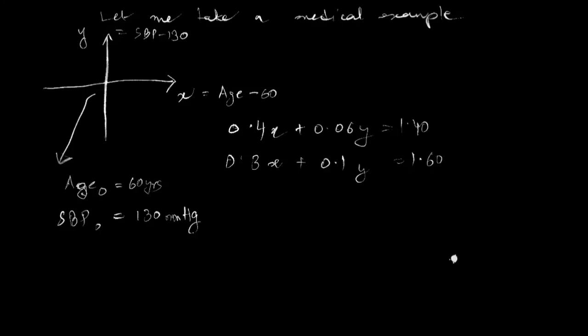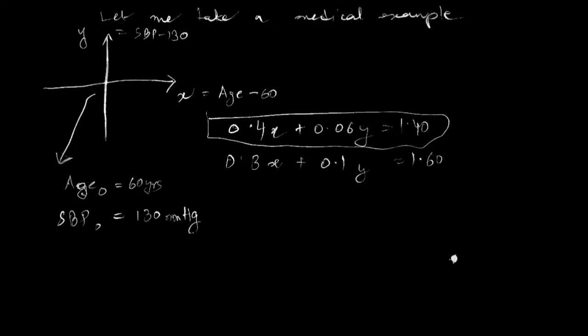Right? So what is this first equation telling us? This first equation is telling us how all age and systolic blood pressure combinations above a particular point, which is 60 years and 130 millimeter Hg, increase the cardiovascular disease risk.